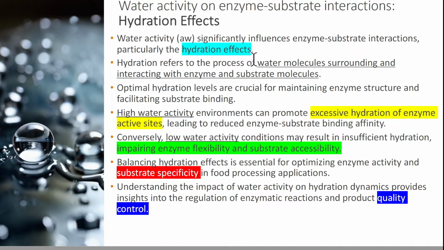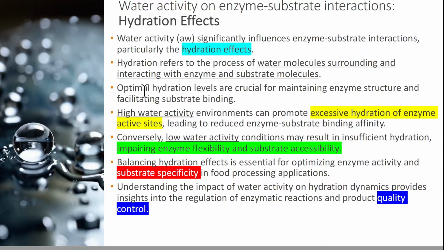This hydration effect refers to the process of water molecules surrounding and interacting with the enzyme and the substrate molecule. So optimal hydration levels are important for maintaining the enzyme structure and facilitating substrate binding. Optimal hydration here doesn't mean the maximum hydration, but a specific hydration level.